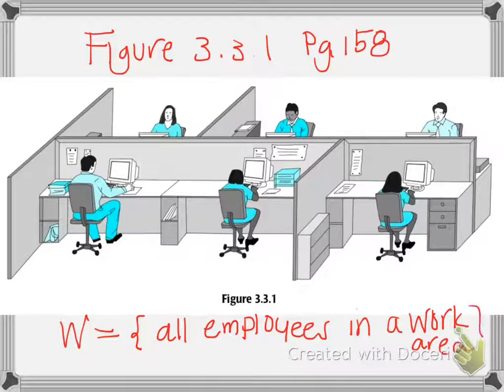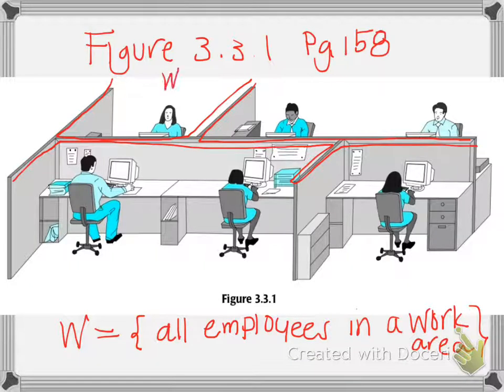Again, understand the definition: every cubicle contains at least one worker. So we see here we have at least one worker, here we actually have two workers, here we have one worker, and here we have two workers. If we want, we can call these workstation 1, workstation 2, workstation 3, and workstation 4.